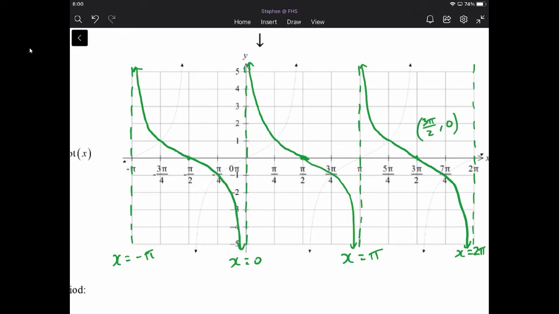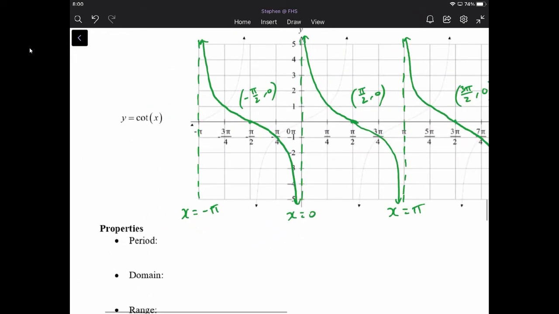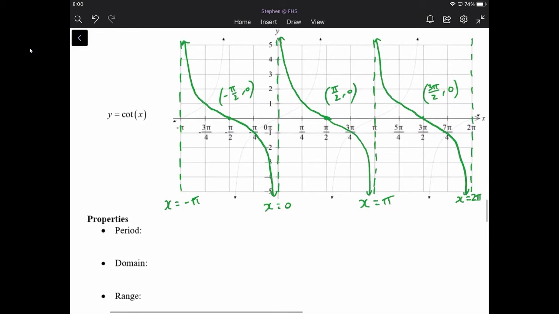So this one, because it has x-intercepts, I'm just going to label them just for completeness. Pi on 2, and then we have negative pi on 2. So we have y equals cot x that's drawn from negative pi to 2 pi. I'm not including negative pi or 2 pi because there's asymptotes over there.